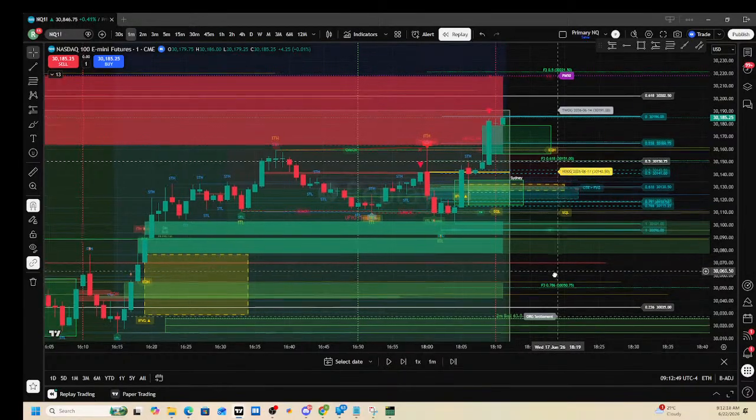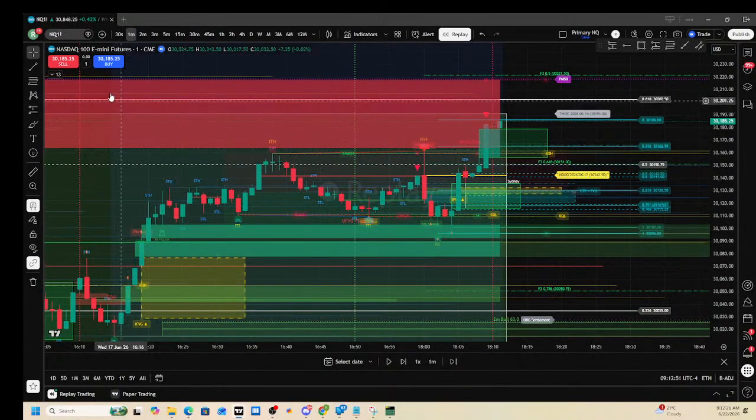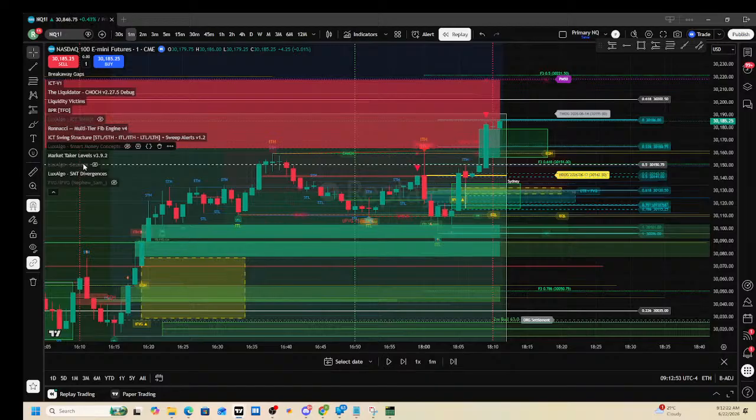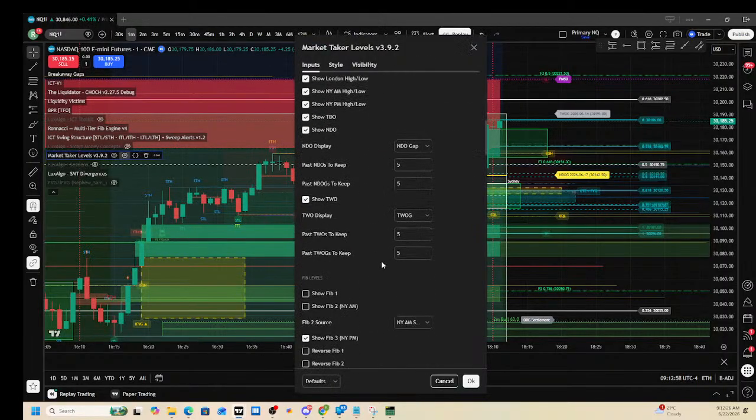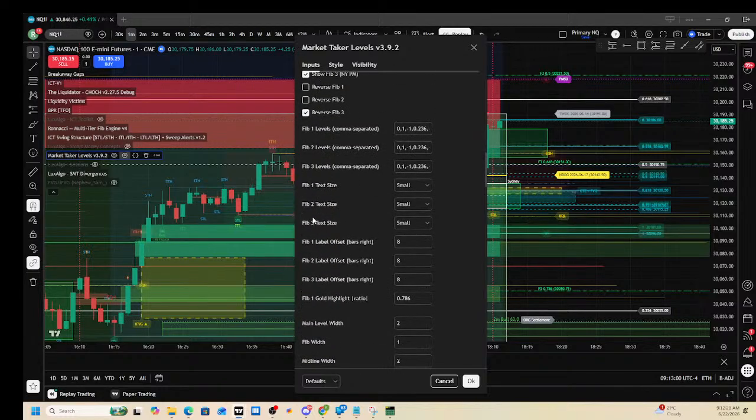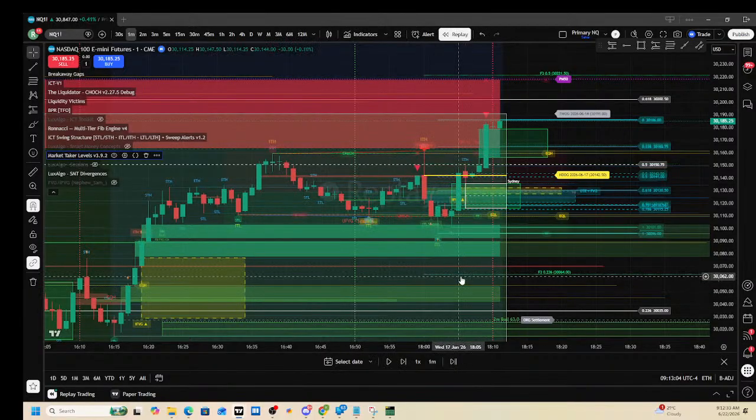Actually, no, I have this reversed. That's the problem. I need to fix this. I need to fix the logic for this so this doesn't show that way. There we go, that's more like it.